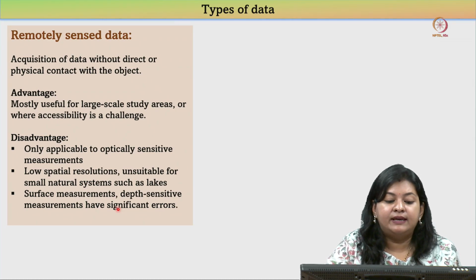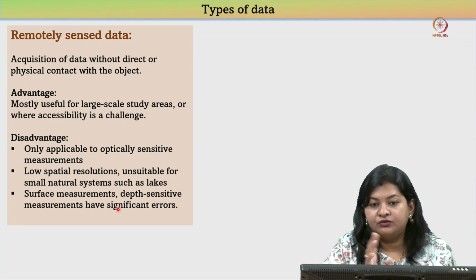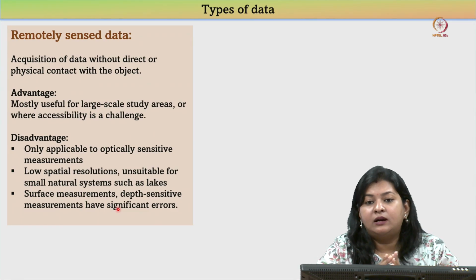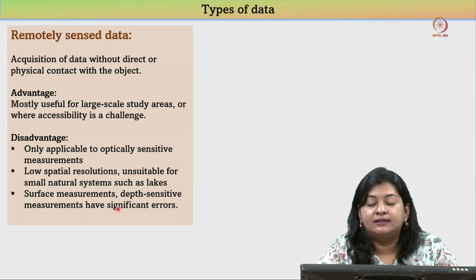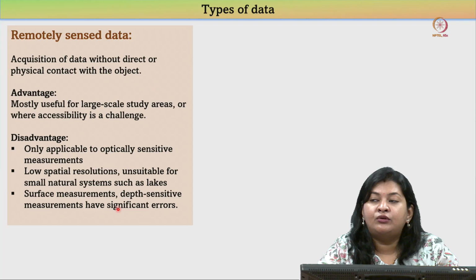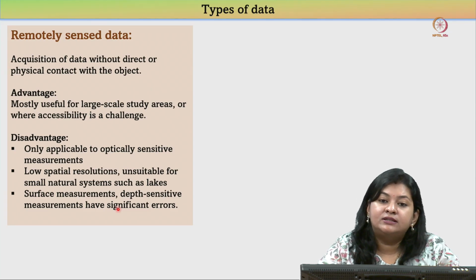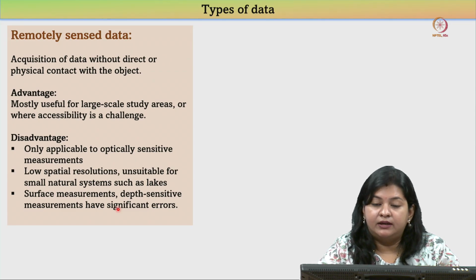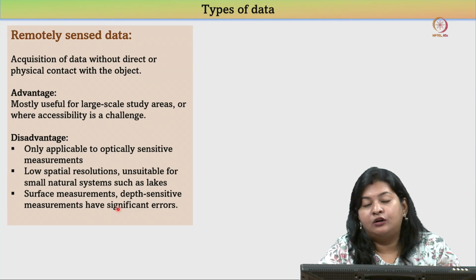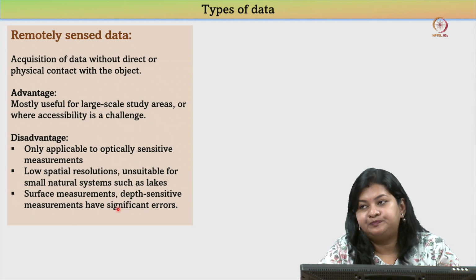So, things like temperature of the atmosphere, and in terms of water only a few parameters are optically sensitive. For example, you will often find discharge data, sometimes turbidity data, chlorophyll A data.